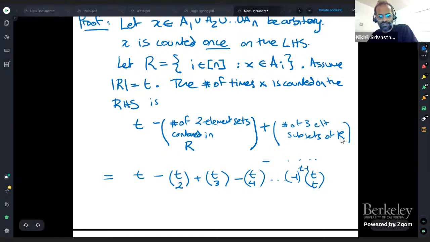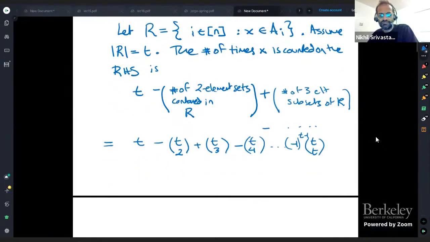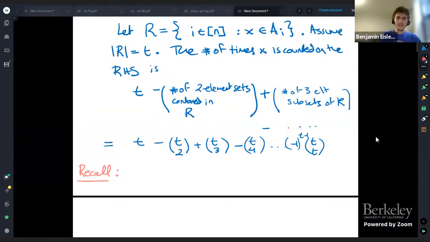And now, where have you seen this before? If you did last week's homework, you've seen things like this before. Well, okay, I'll just tell you the punchline. Or does somebody remember now? Is it reminiscent of the binomial expansion?